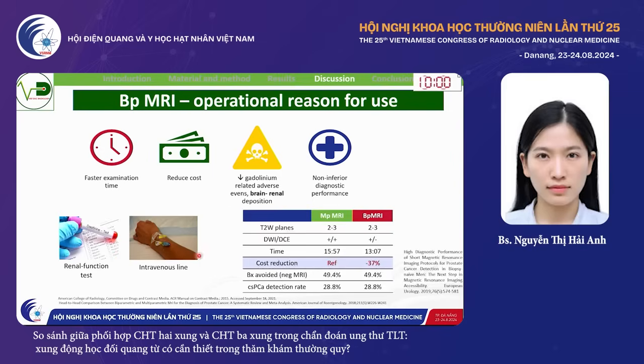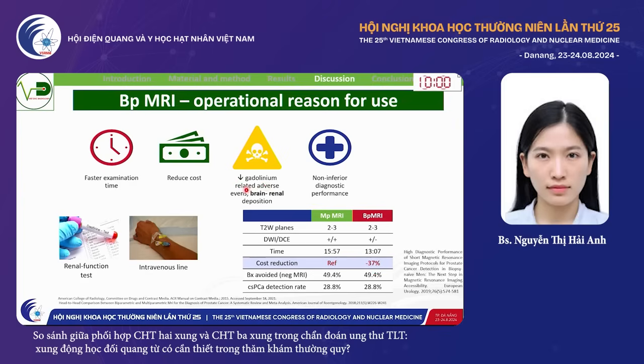And second, it reduces cost. According to research published in 2019, in addition to saving like 3 minutes for each examination, biparametric MRI also reduces the cost by a significant 37% for each patient. And thirdly, it reduces the risk related to gadolinium.